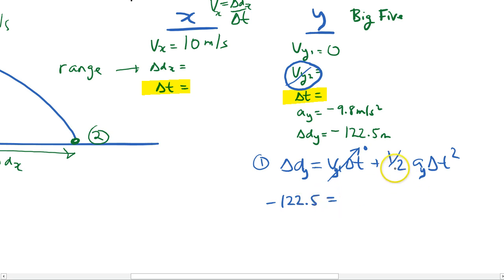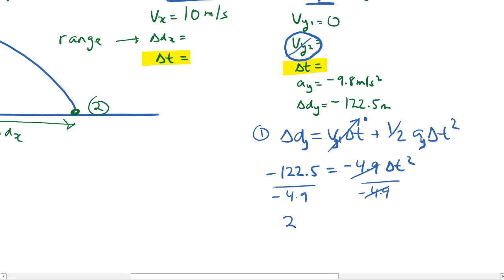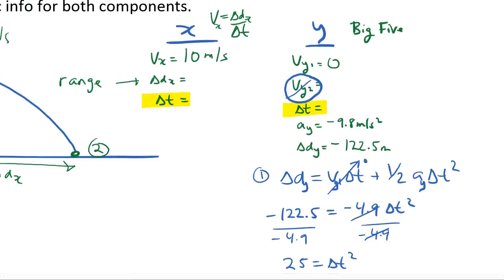It's going to be equal to 1/2 of negative 9.8, so it's negative 4.9, multiplied by delta t squared. I divide both sides by negative 4.9, and this works out to 25 is equal to delta t squared. So when I square root, I get delta t is equal to 5 seconds. We kind of knew that for a 122.5 meter cliff, it takes 5 seconds for an object to hit. So we got a 5 here, and now we're going to import that 5 seconds over here.